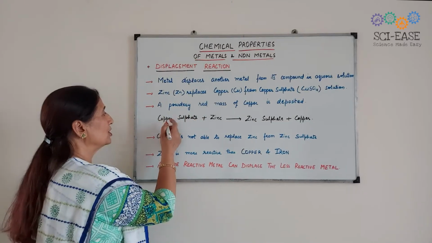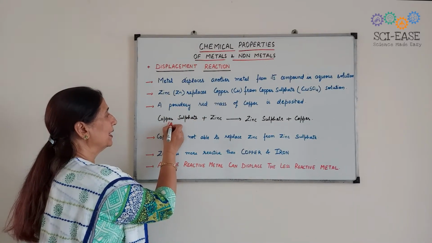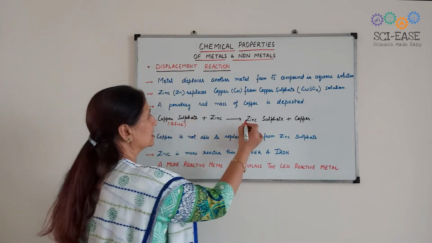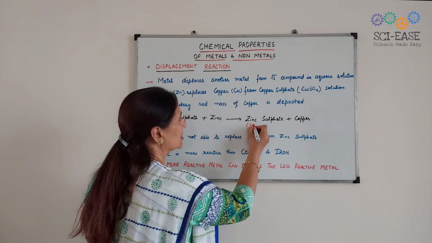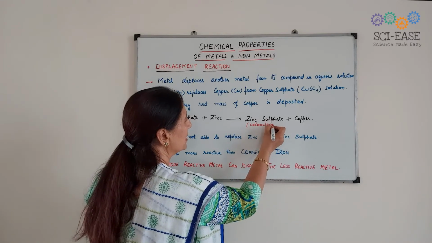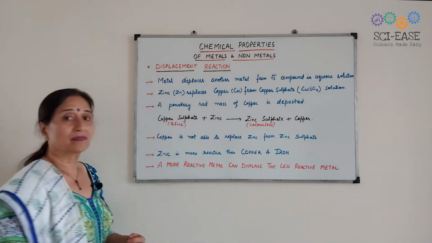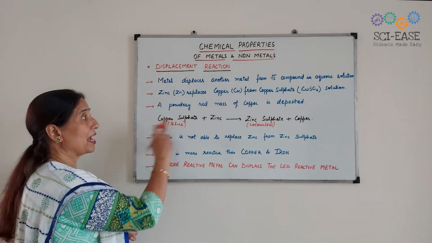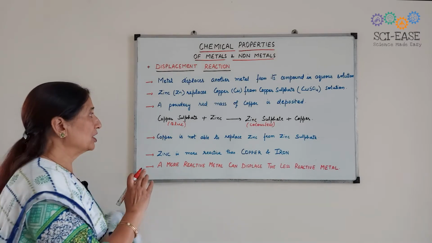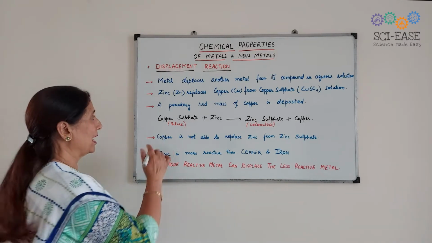Now this solution that was blue in color has now become colorless. Why? Because of the displacement reaction. You can write that word equation in the form of a chemical reaction.